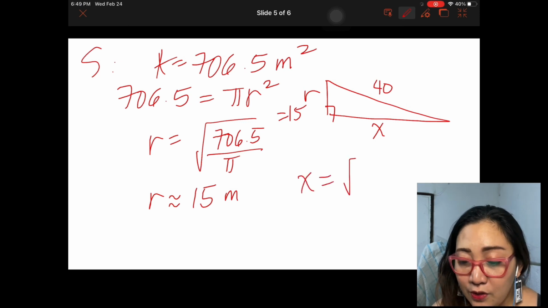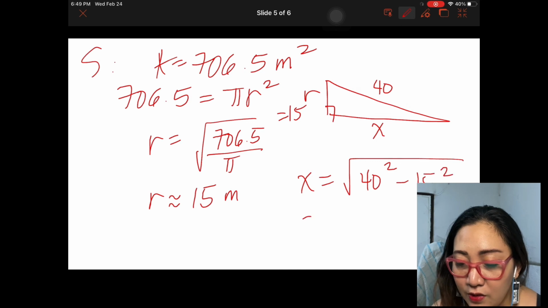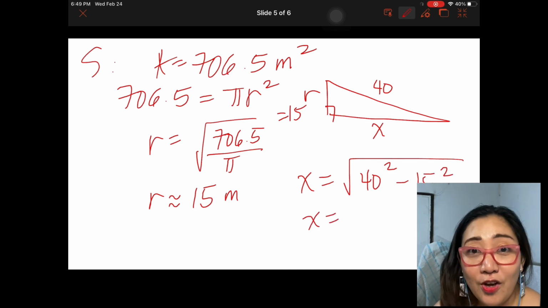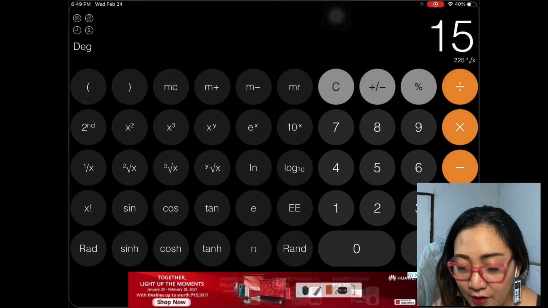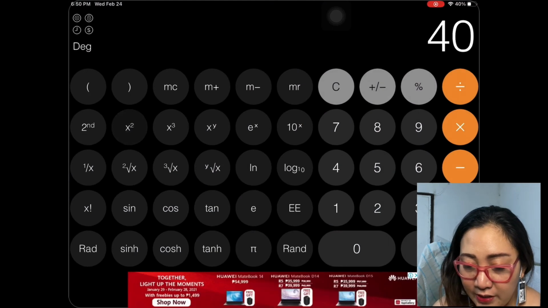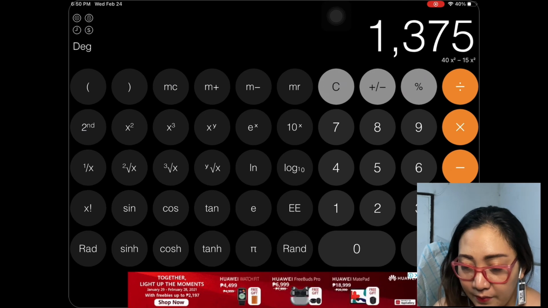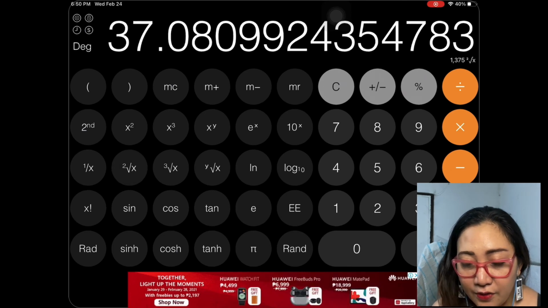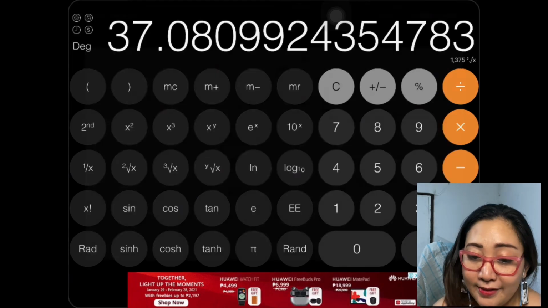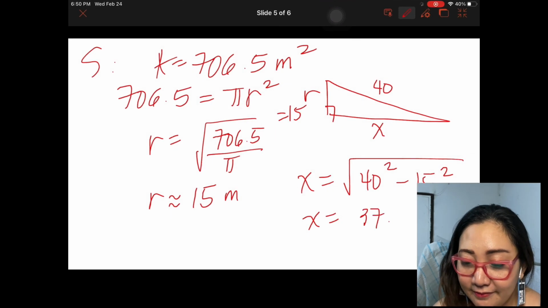So in order for us to find the other leg, it's gonna be square root of 40 squared minus 15 squared. Okay? And that will give you 40 squared minus 15 squared. Square root of that, 37.08 meters.